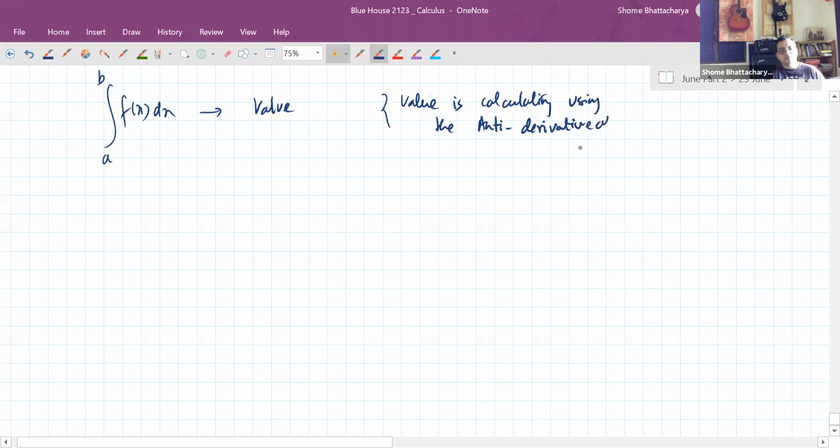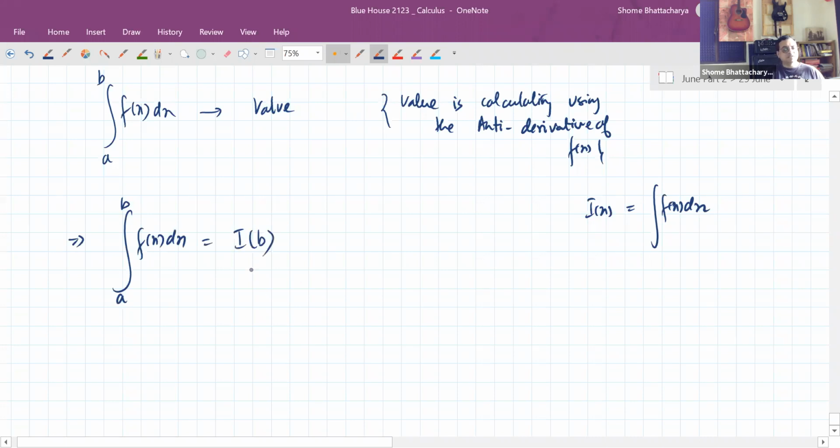So basically, if the antiderivative of f(x) is I(x), then the value of this becomes the value of the antiderivative at b minus the value of the antiderivative at a.